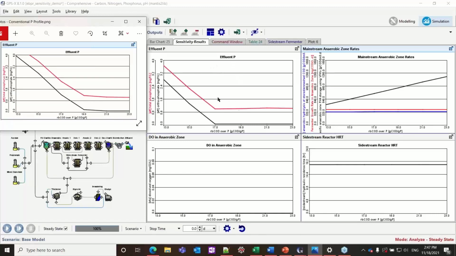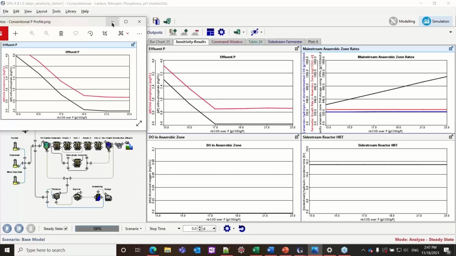So this basically just shows, as we already saw, that using GPS-X with S2 EBPR configurations does make a difference, and the models seem to be able to predict the improved phosphorus removal when we use an S2 EBPR layout.